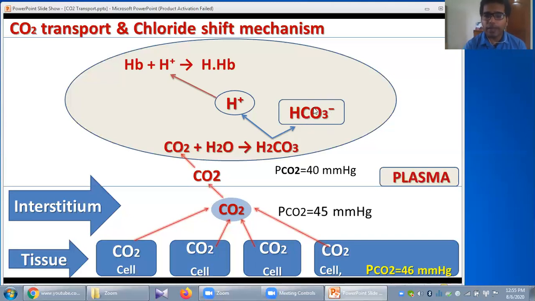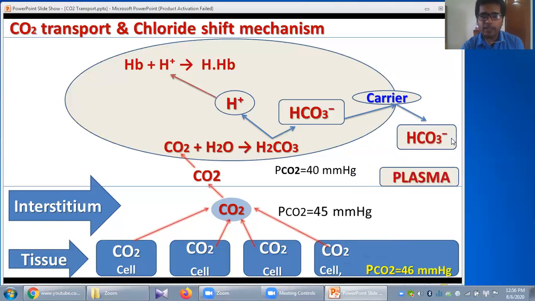Basically, this red cell membrane contains a special transporter protein or carrier molecule, also known as band 3 protein, called the bicarbonate chloride transporter. And that will transport this excess bicarbonate out of the red blood cell to the plasma.